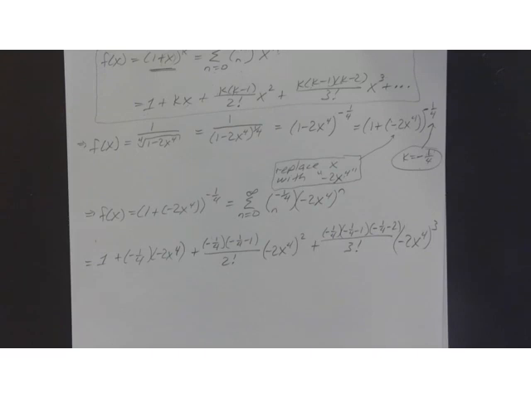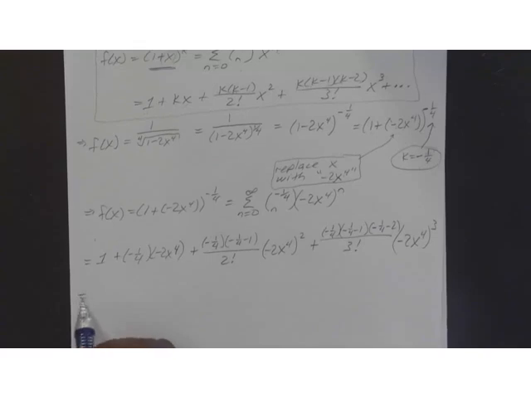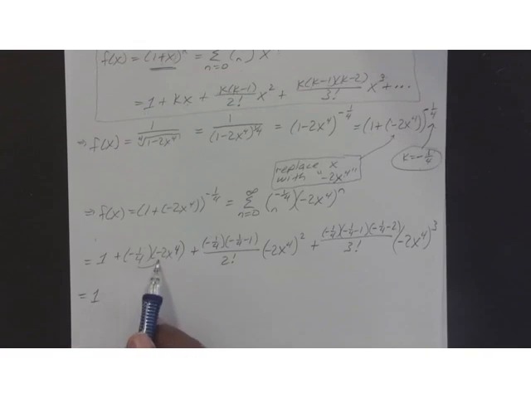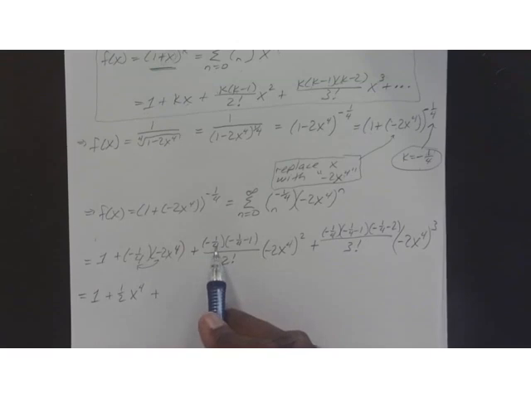Okay, so if we simplify each term, we have 1. And if we go ahead and multiply these two, we end up with positive 2/4, which is just positive 1/2, times x to the 4th power, plus we have 1/4 times 1/4 minus 4/4 is negative 5/4.